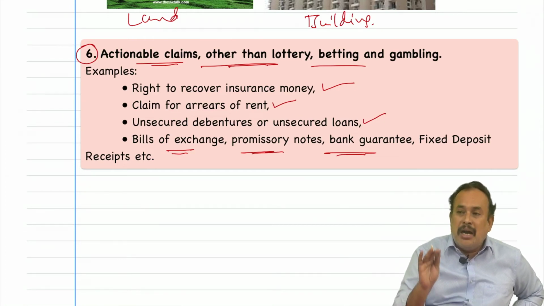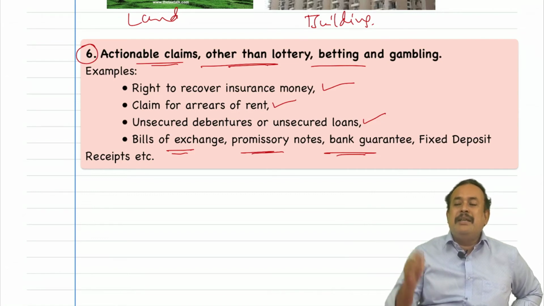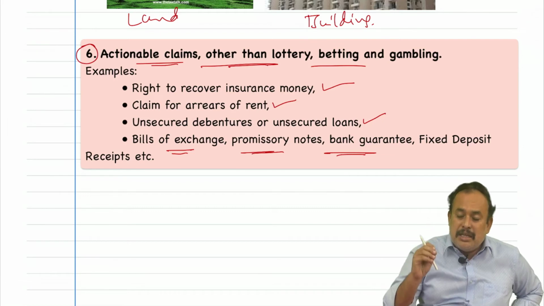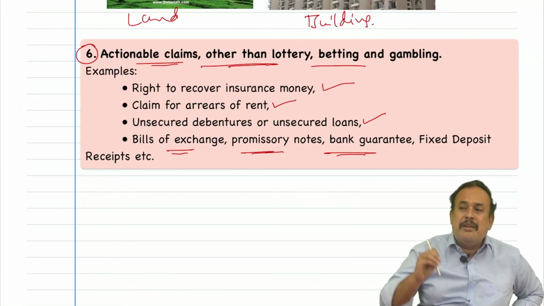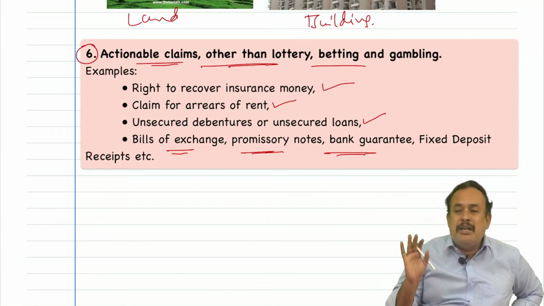But lottery, betting and gambling are different; the term supply includes lottery, betting and gambling, so it is not excluded from the scope of supply.